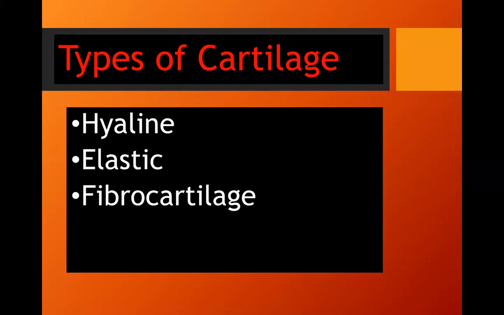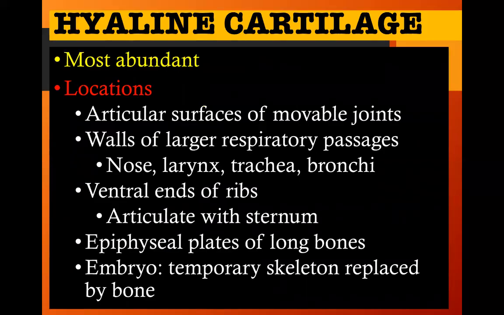Okay, let's talk about the types of cartilage one by one. The most abundant is the hyaline cartilage. And as I mentioned a while ago in the pictures of the distribution of the cartilage, these are the locations of your hyaline cartilage. Articular surfaces of movable joints, walls of larger respiratory passages, your ventral ends of the ribs articulating with the sternum, your epiphyseal plates of long bones, and in the embryo, the temporary skeleton that is replaced by bone.